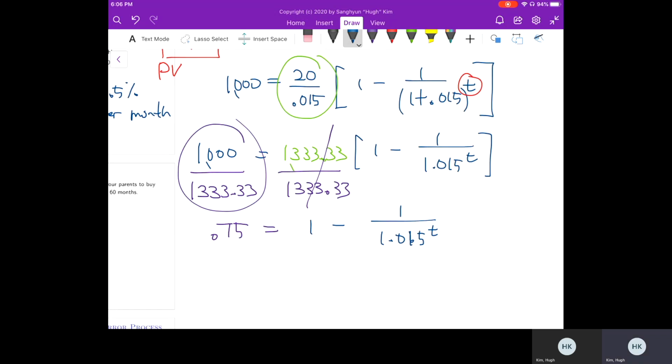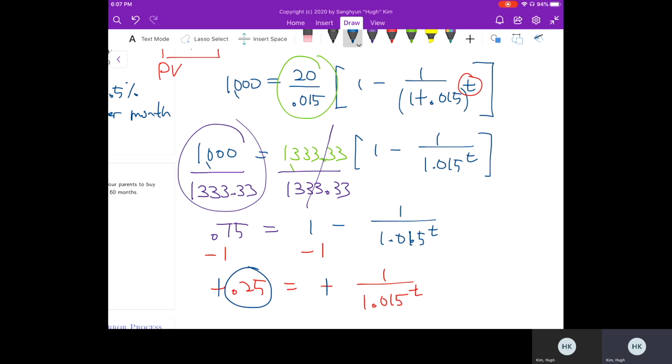So if you subtract 1 from both sides, you get negative 0.25 is equal to negative 1 over 1.015 to the t. Again, get rid of the negative sign on both sides.